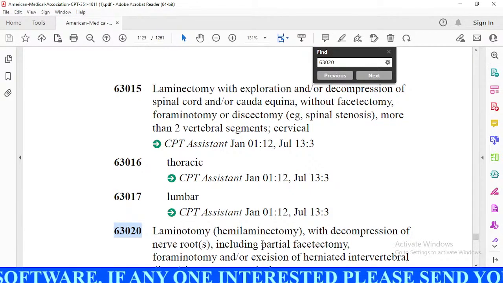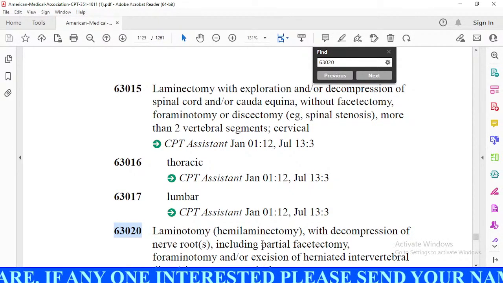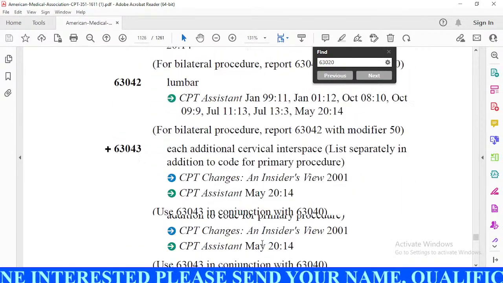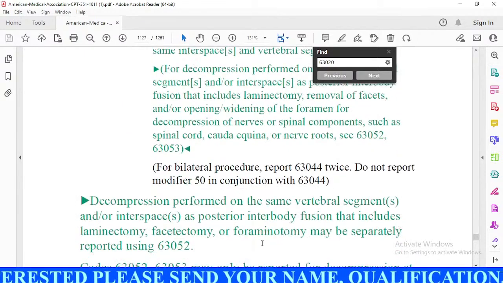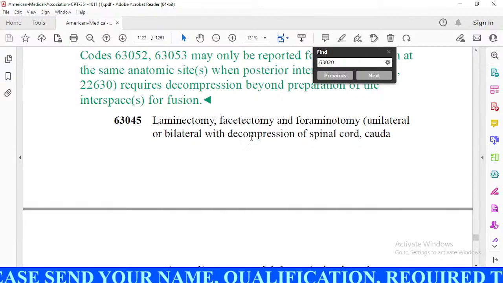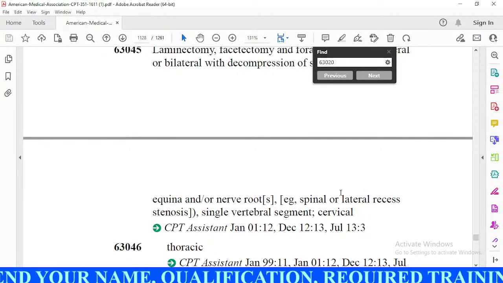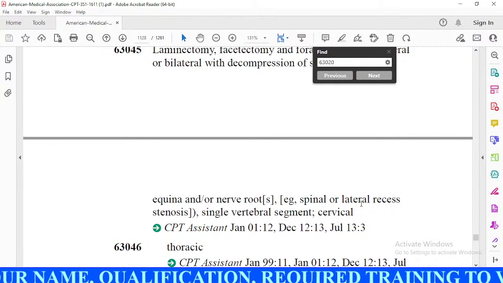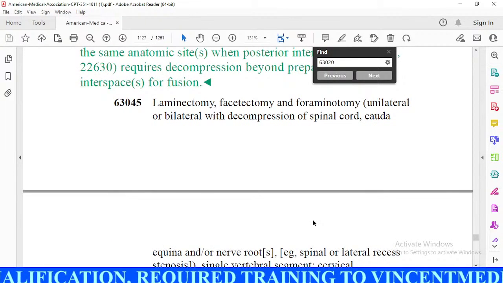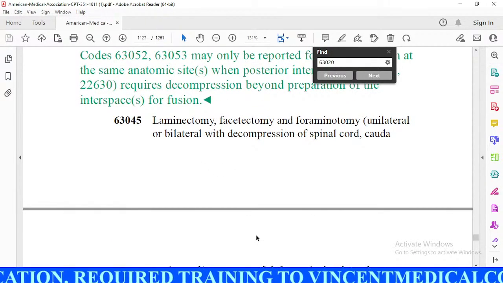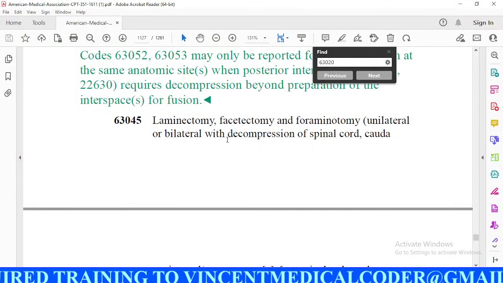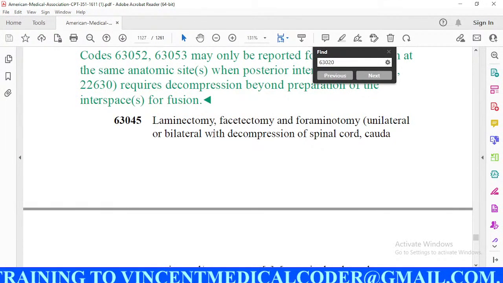So we can check the other one. Next, we will check A, 63045. What is 63045? Laminectomy, facetectomy and foraminotomy, unilateral or bilateral with decompression of spinal cord, cauda equina and or nerve roots. Examples, spinal or lateral stenosis, single vertebral segment, cervical. So 63045, we can't give the 50 modifier, because our code description itself includes unilateral or bilateral.